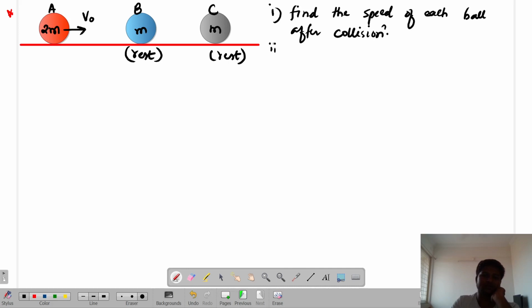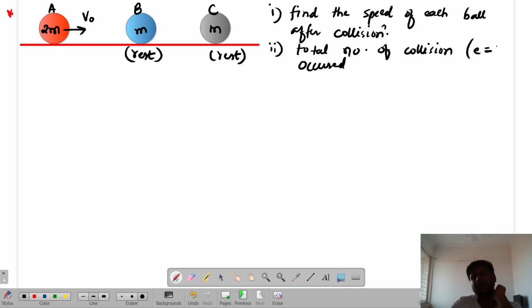Second question: total number of collisions occurred, if e was exactly equal to 1 for each and every collision.